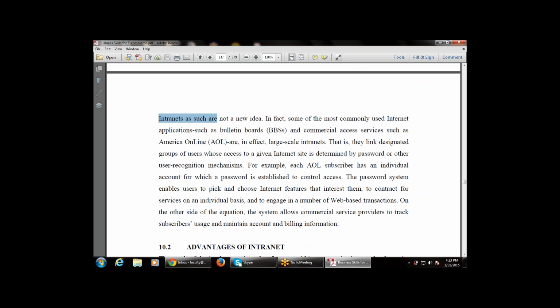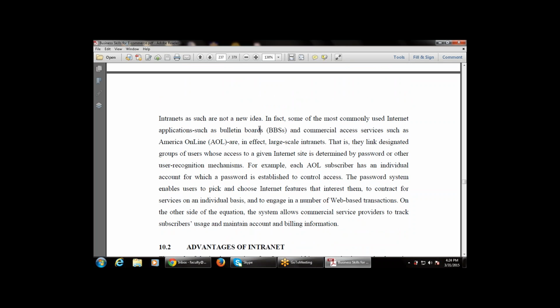Then the next paragraph says, intranets as such are not a new idea. In fact, some of the most commonly used internet applications such as bulletin boards, that is the BBS, and the commercial access services such as AOL are in effect large-scale intranets. That is, this is not a new technology, this is not a new term. This is simply a bulletin board that is mostly used by large-scale intranets.